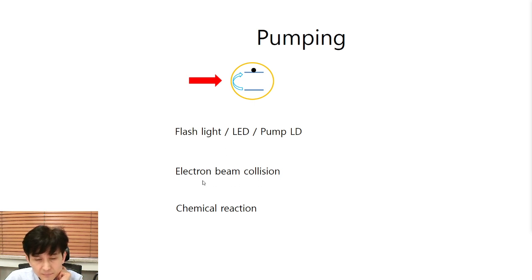And by colliding an accelerated electron to an atom, we can pump the laser medium. And by chemical reaction also, we can make the atom become excited. Those are pumping processes.